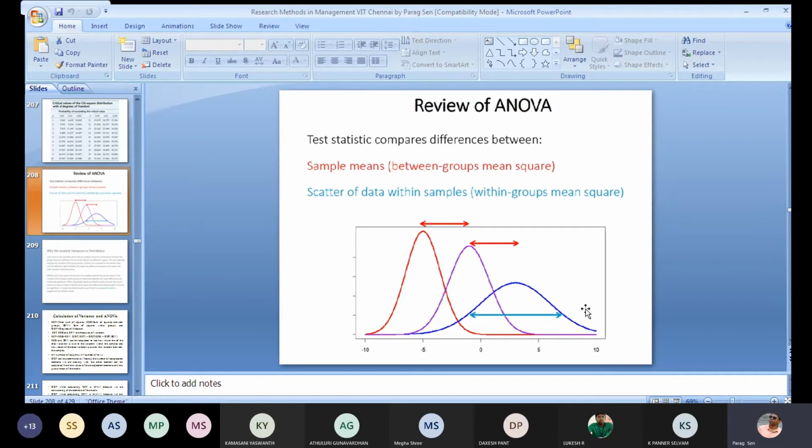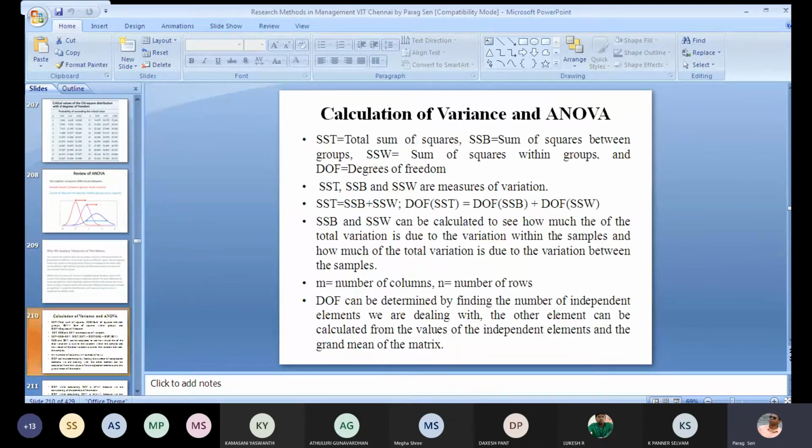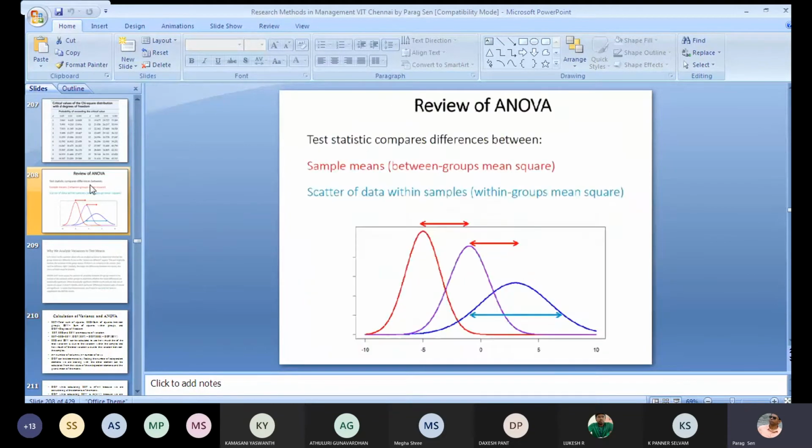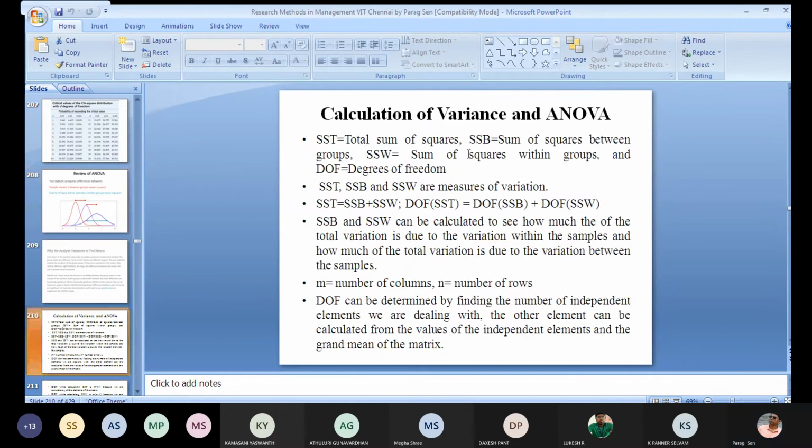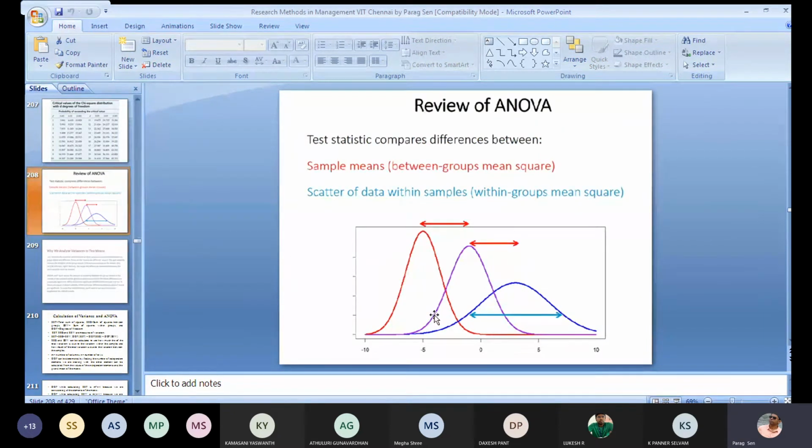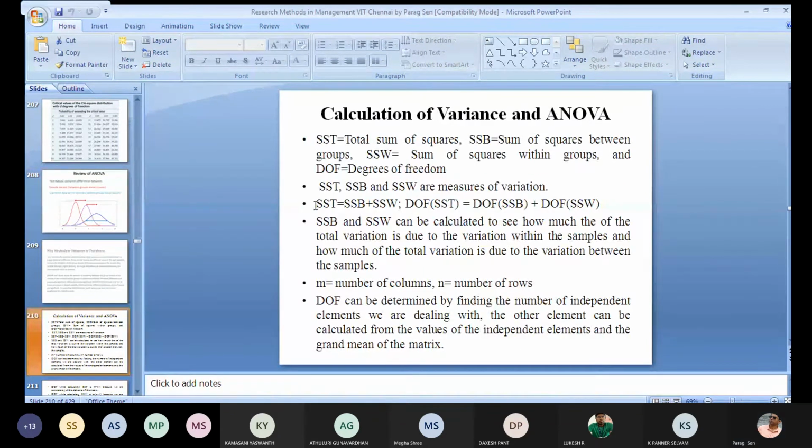In ANOVA, you will find some terminologies like SST, total sum of square; SSB, sum of square between groups; and SSW, sum of square within groups. And DOF means degrees of freedom.